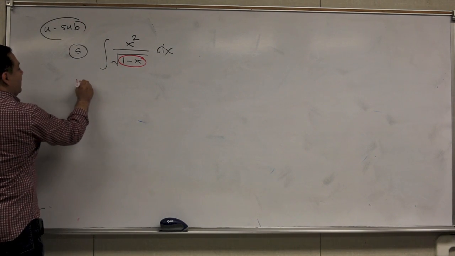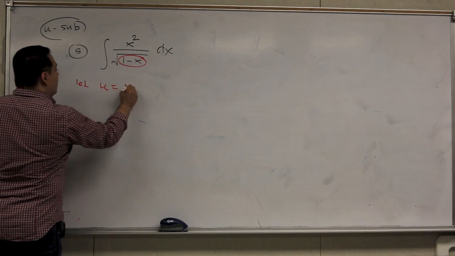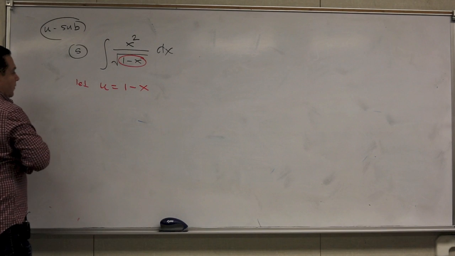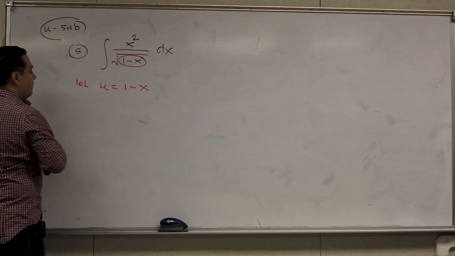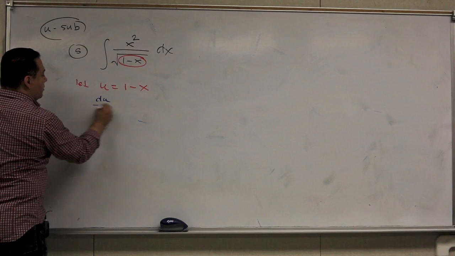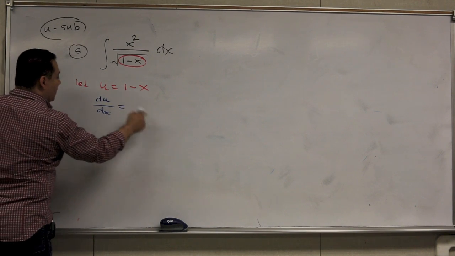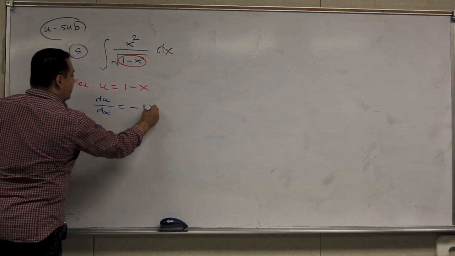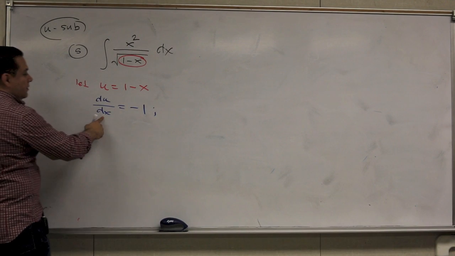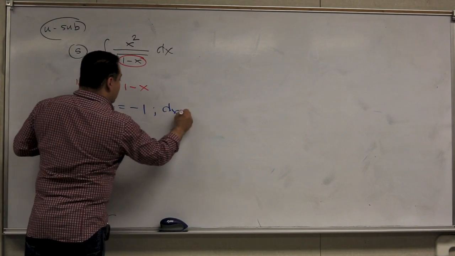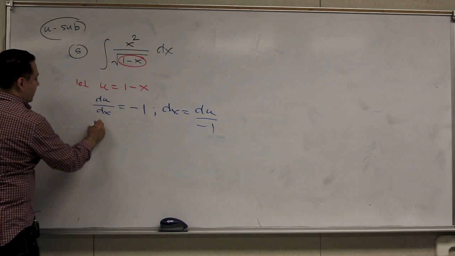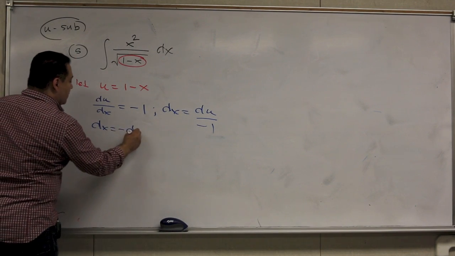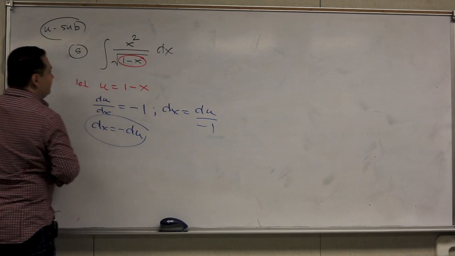So if we let u be 1 minus x, we now have to find du dx, right? So du dx is going to be, what is this? -1, now solve for dx. dx becomes du over -1, or really dx is minus what? Minus du.